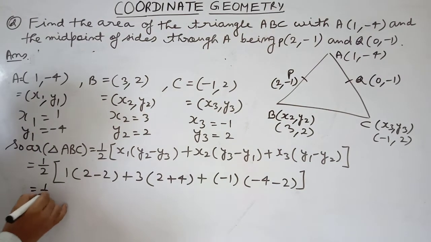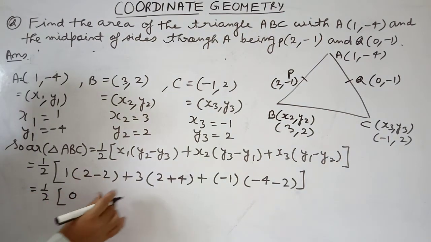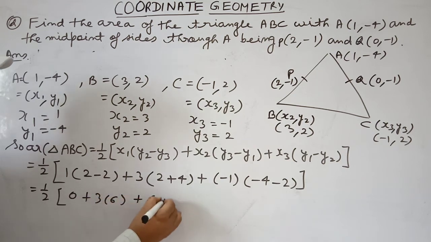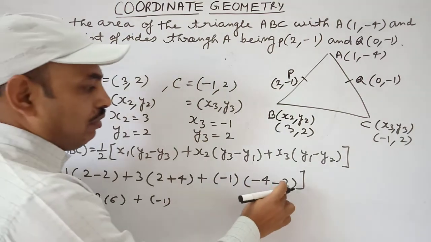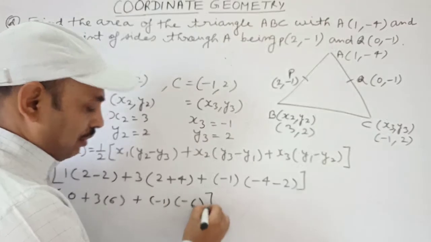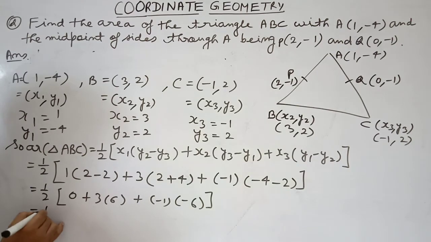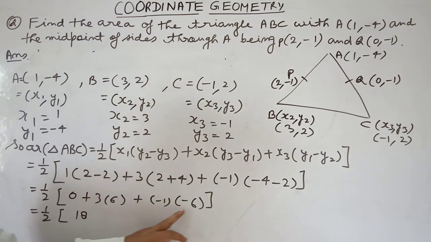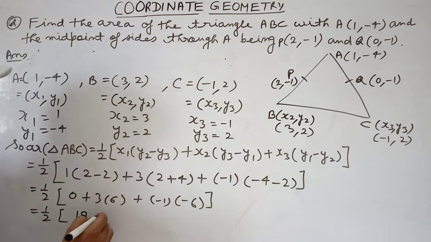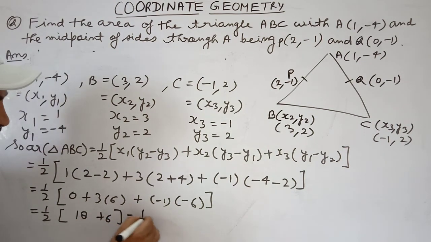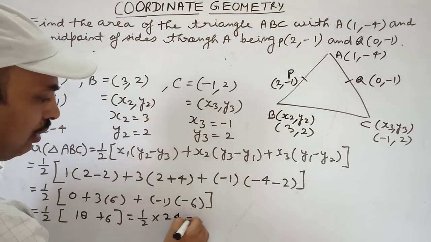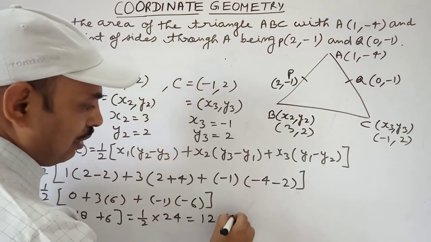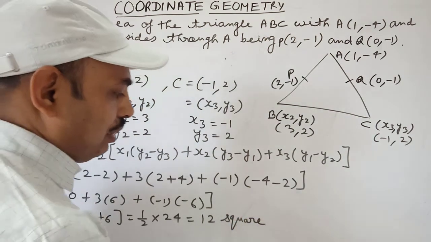So 1 upon 2 into (1 into (2 minus 2) which is 0, plus 3 into (2 plus 4) which is 6, plus (-1) into (-4 minus 2) which is -6). That equals 1 upon 2 into (18 plus 6), which is 24, equal to 12 square unit.